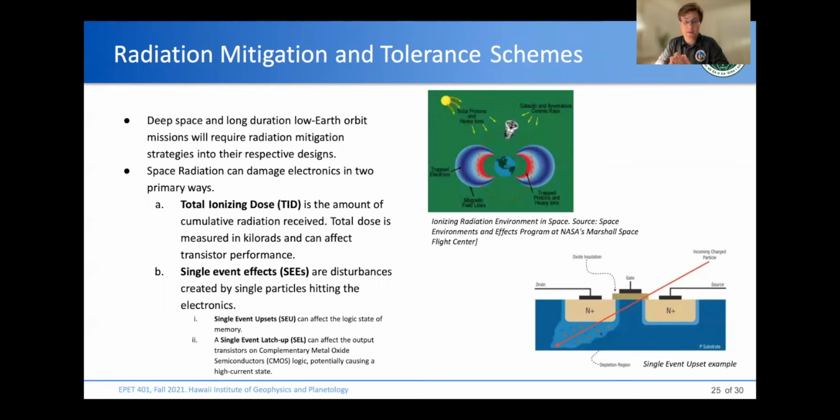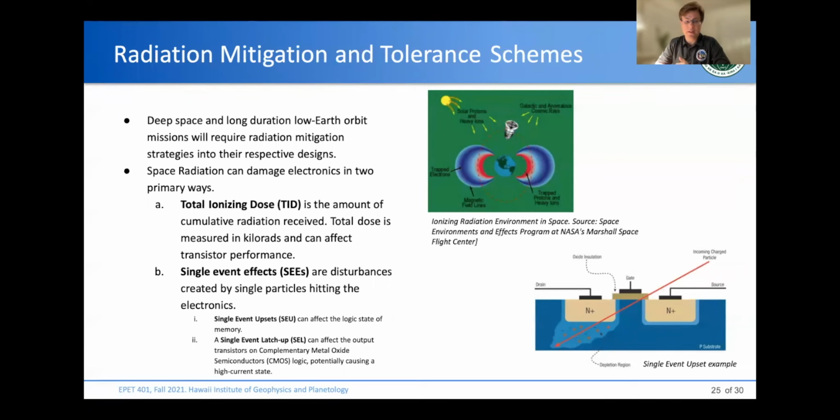And the other one is single event effects. So this is cosmic radiation, or a single particle, that hits a piece of electronics, and that creates either a single event upset, which is usually non-destructive. It just flips a bit in the memory of the computer.